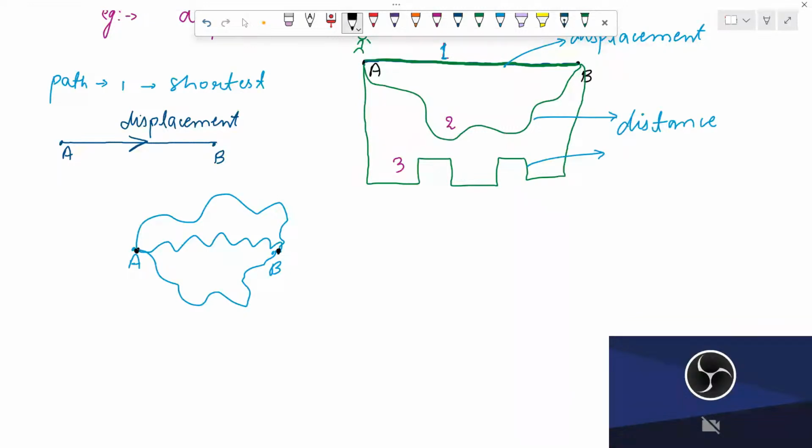Its direction will be fixed, and its magnitude will also be fixed. So between point A and B, there is a straight line indicating its displacement, which is in a fixed direction.